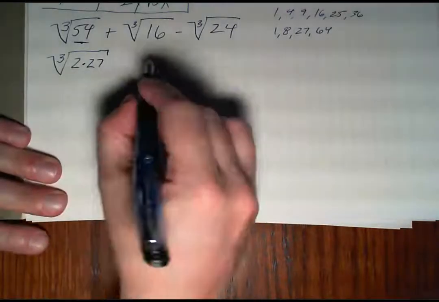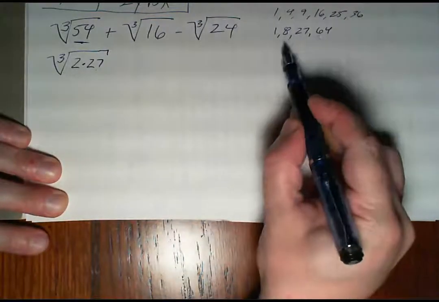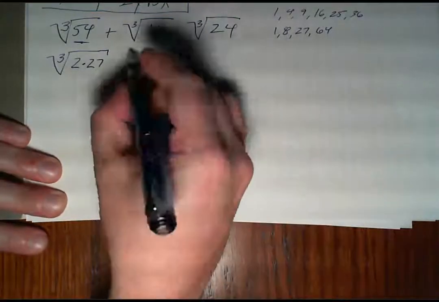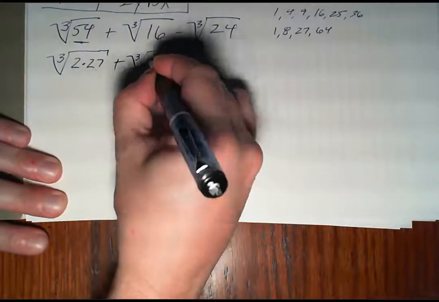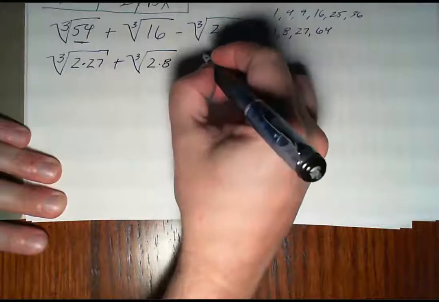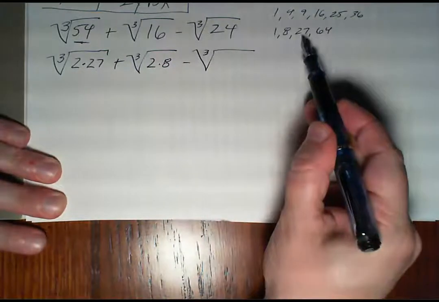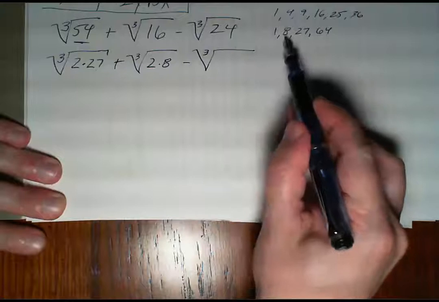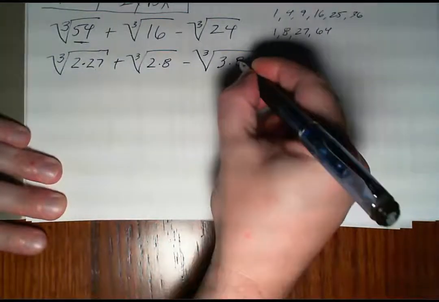All right. So here, 16, if I look at my list of cubes over here, well, I certainly see the 8. The 8 obviously is a factor of 16, so that would be the cubed root of 2 times 8, minus the cubed root of 24. Well, there's 27 here. It's too large to be a factor, but 8 is a factor because 3 times 8 equals 24.